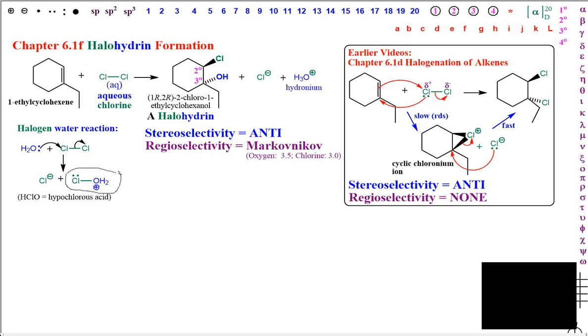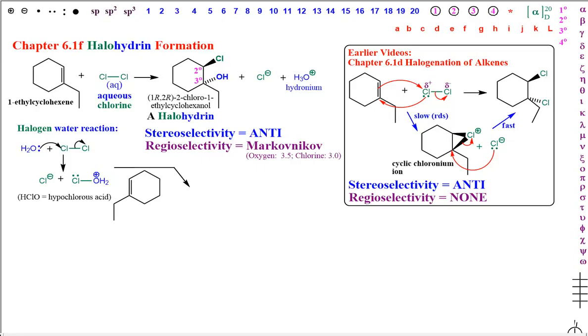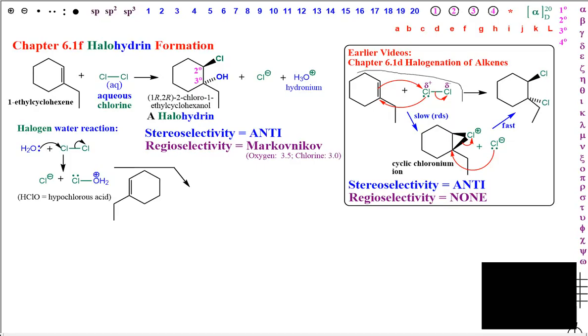This intermediate here is the conjugate acid of hypochlorous acid. It's got an extra proton that HClO does not. This is the electrophile towards attack by the alkene electrons. So this will be taking the place of Cl2. But the mechanism will be otherwise identical. We're going to do our best to mimic this reaction with our new electrophile.